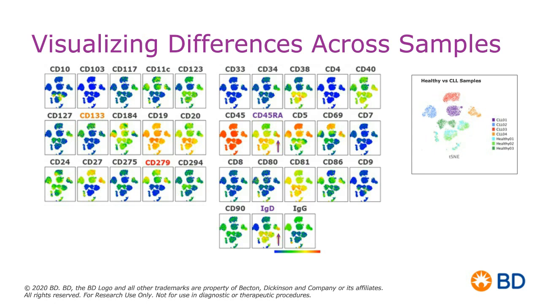And meanwhile, from the same data, it's just astounding that I can even see differences for CLL sample 4, where it looked like there were 2 separate clusters. If I go to the second row down and the 7th plot over, I can look at CD45RA. With an arrow pointing to CLL sample number 4, it looks like half of them are positive for CD45RA, or at least very bright, and the other half are moderately bright.